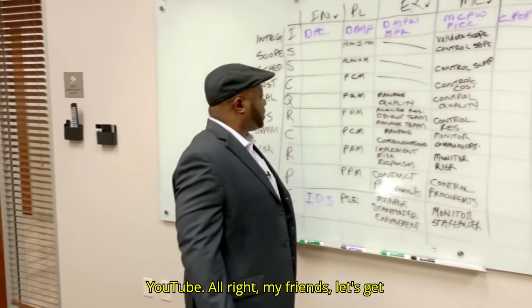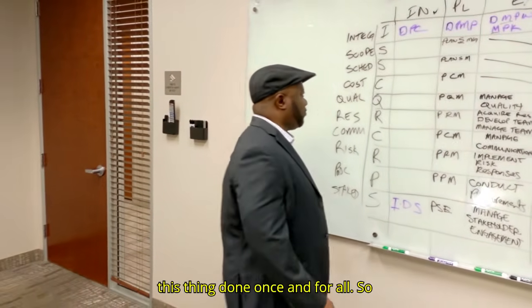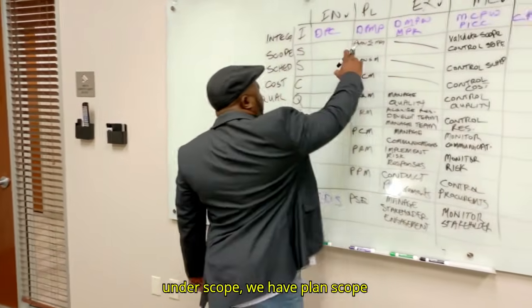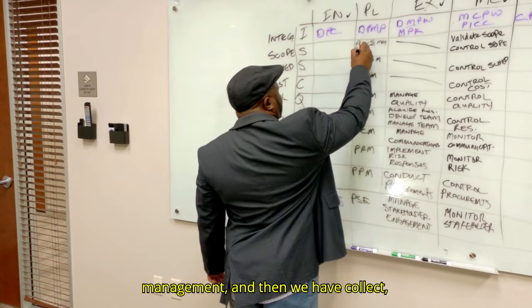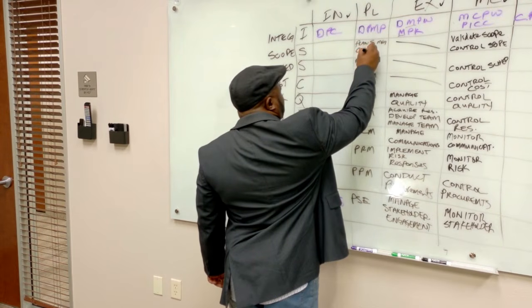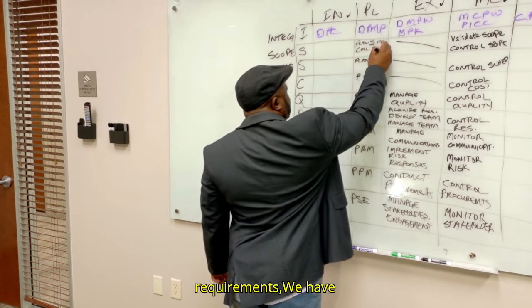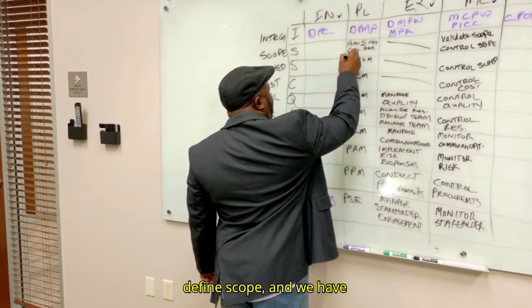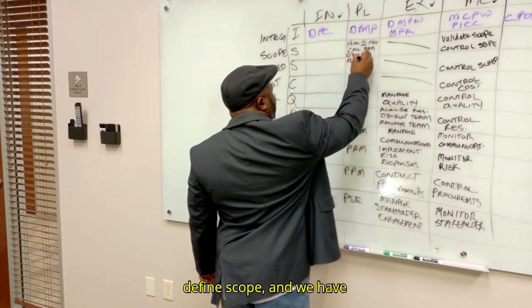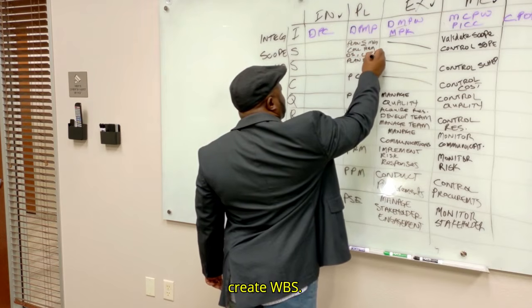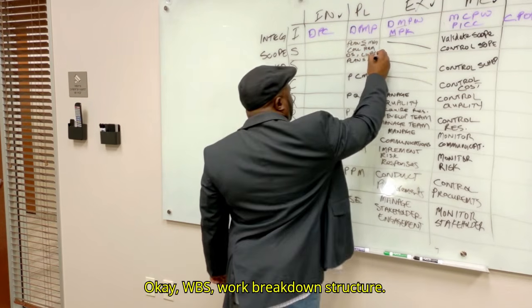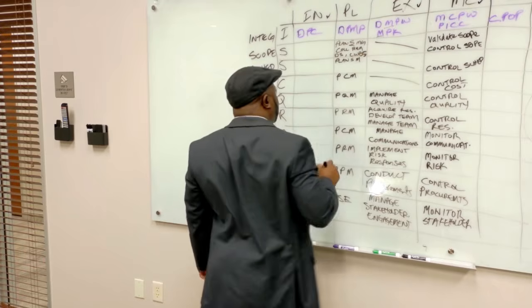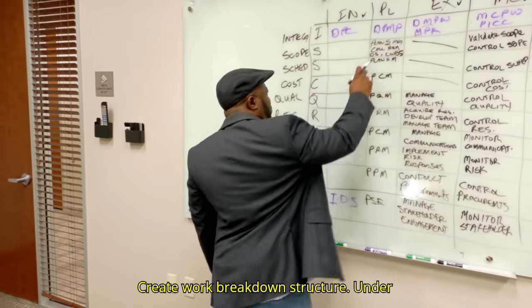All right, my friends, let's get this thing done once and for all. So under scope, we have plan scope management, and then we have collect requirements, we have define scope, and we have create WBS. Okay, WBS, work breakdown structure. Create work breakdown structure.